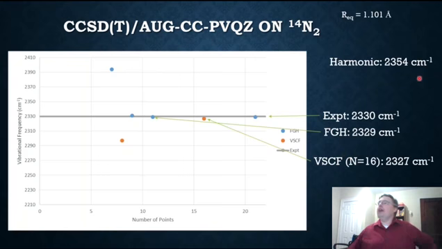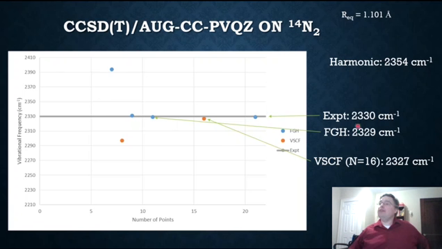N2, the harmonic oscillator value is 2354, the experimental value is 2330, the FGH value gives us 2329 at 11 points. It takes 16 points of the VSCF method to reach an accuracy that is even still not quite as good as the FGH method.